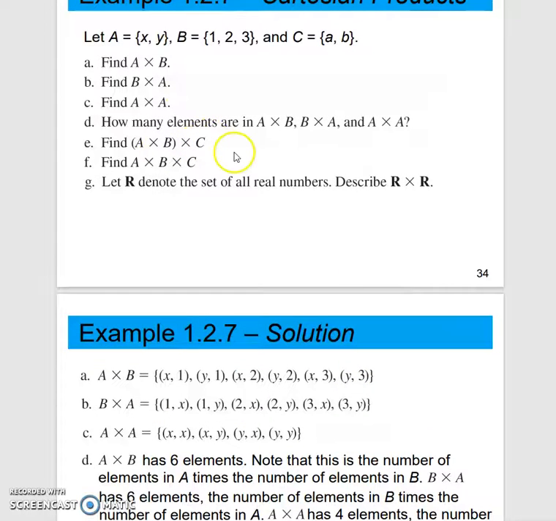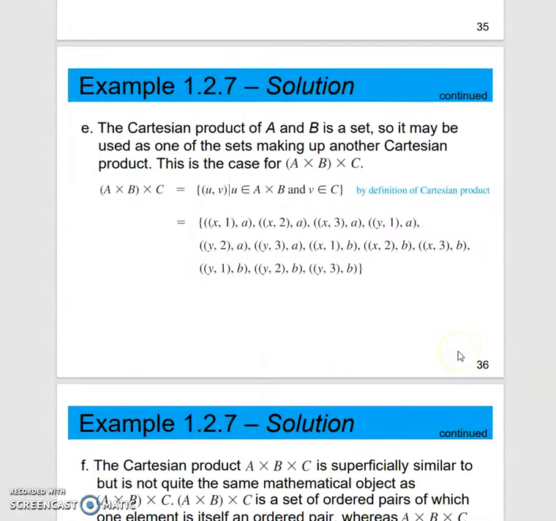We can take a cross with a cross. And as with other math, we'll do the parentheses first. So parentheses first, A cross B, and then we will cross that with C. We already have that A cross B, so I will use that as a reference. As you can see, we've got quite a few values here, and we've also got parentheses inside parentheses.